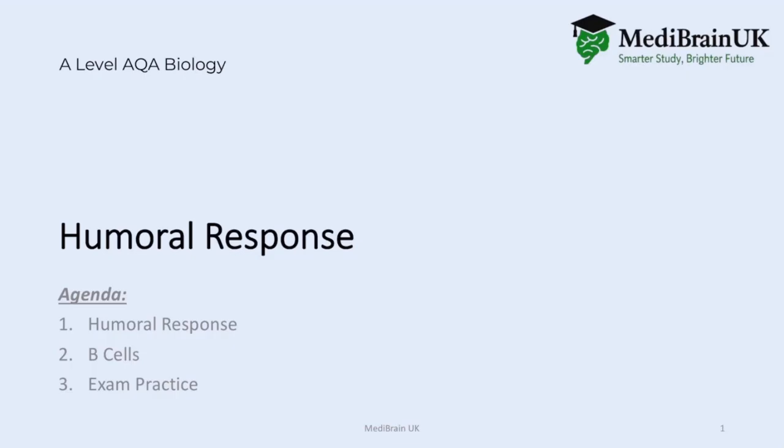So in our last lesson, we looked at the cell-mediated response, and in the lesson before, we looked at phagocytosis, okay? And this is basically the last stage that happens within the process. First you have your phagocytosis, then you have your cell-mediated response, which involves T cells, and then you have your humoral response, which involves your B cells.